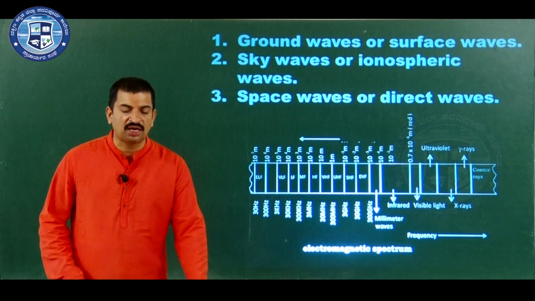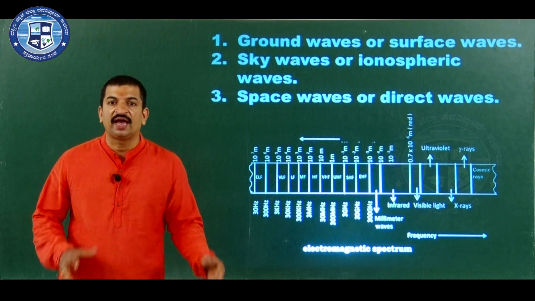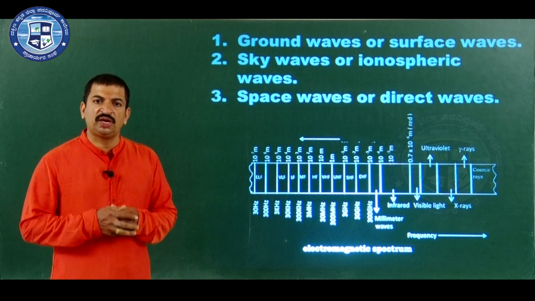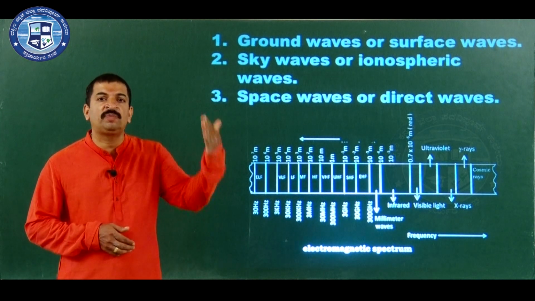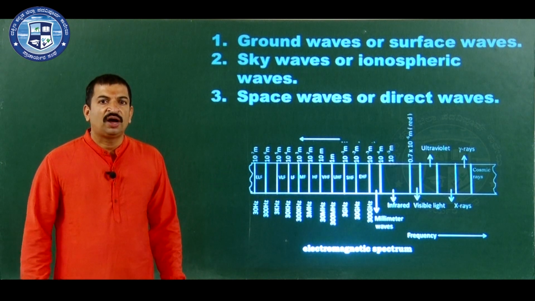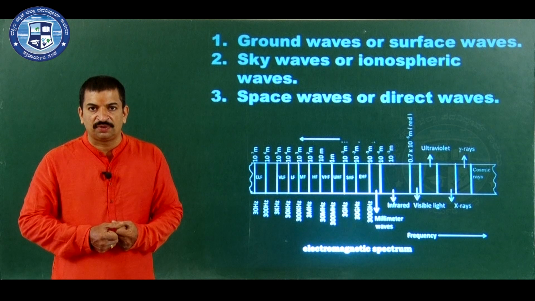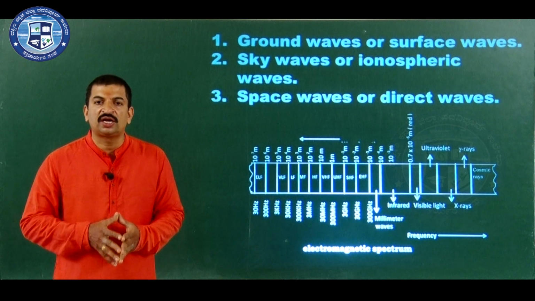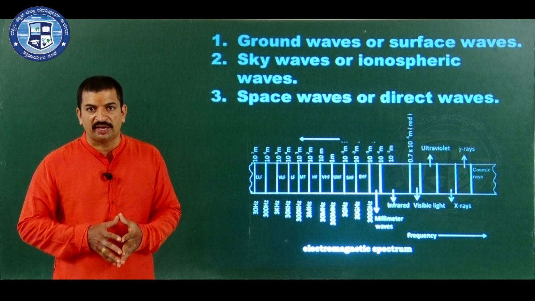Therefore, the ground wave loses its energy by absorption or attenuation. As the wave propagates along the surface of the Earth, the Earth may absorb most of its energy. In order to prevent attenuation or absorption, the ground waves are vertically polarized.